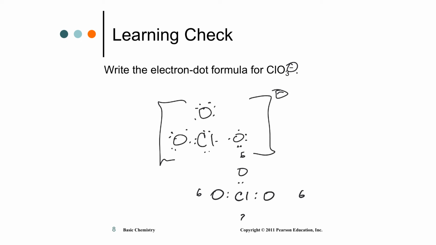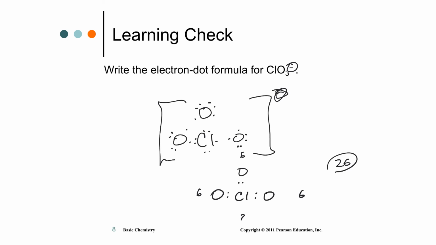And we're going to have to add 7 for the chlorine because it's in group 7. Group 6 has 6 valence. Group 7 has 7 valence. All right. So what is that? That's 18. 3 6s are 18. 19, 20, 25. Okay. 25 plus 1 more. So I have 26 electrons to play with.